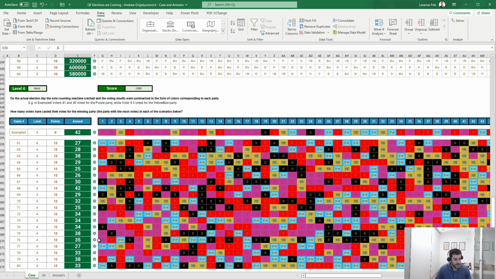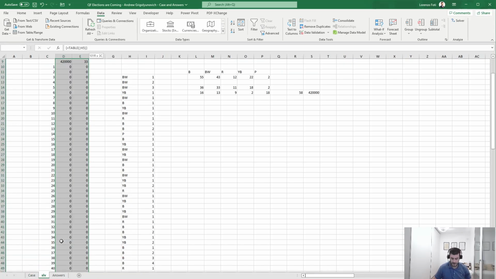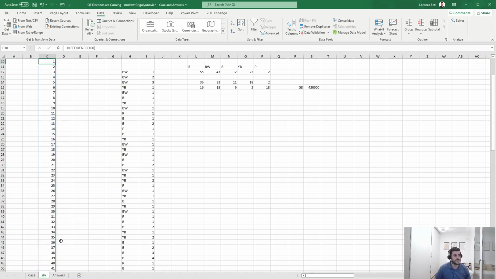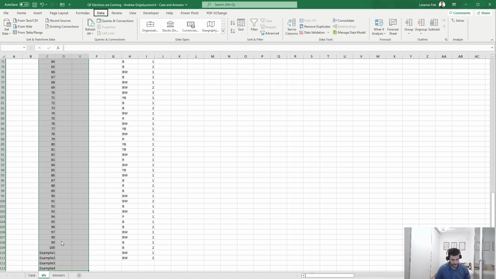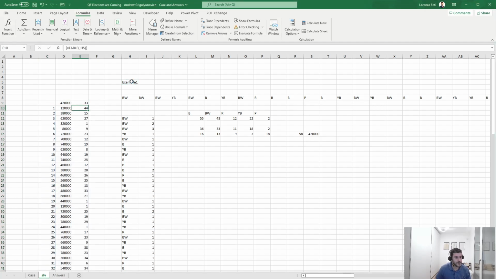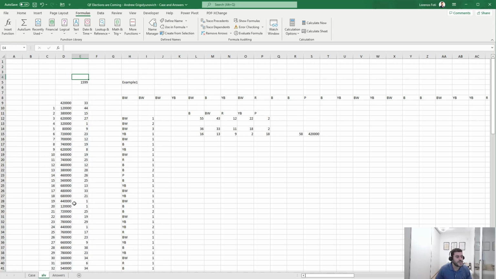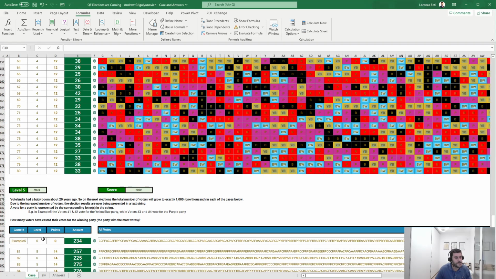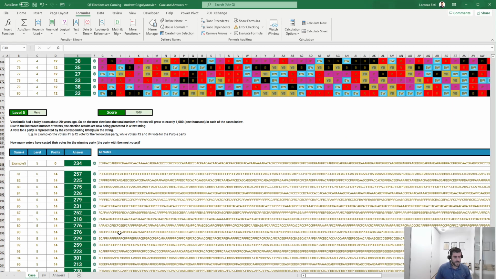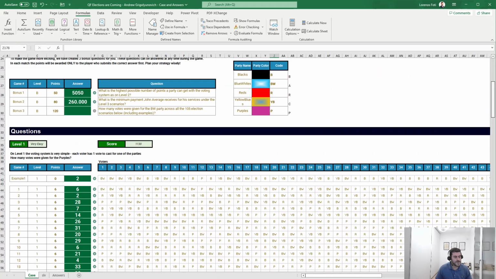Example 5 will be tackled differently. So let's do this again because I need the examples as well. So it will be the sum of this, which is a piece, and then BW is the question.